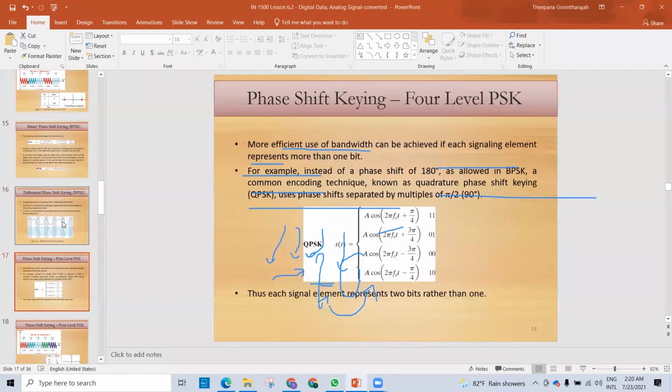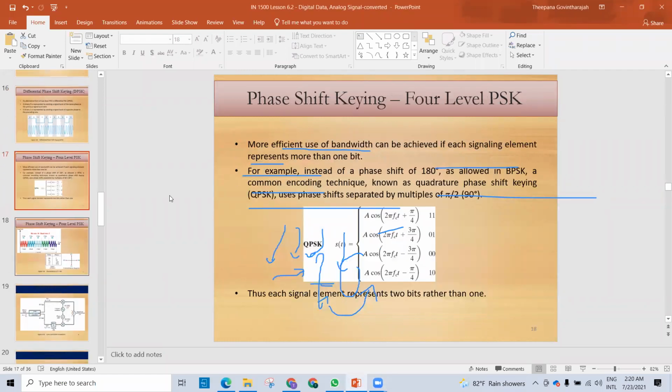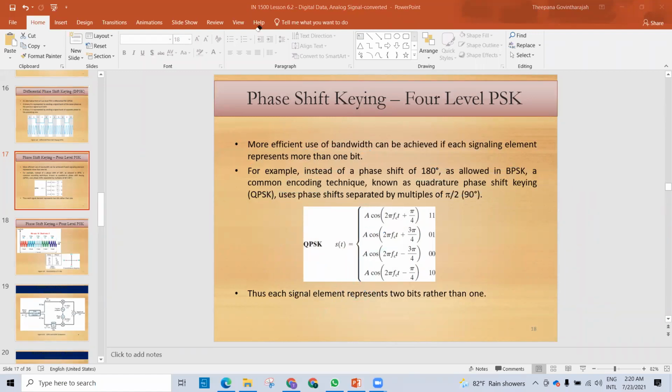And when you see about 4-level PSK, here one signal is represented by 2 bits. So in BPSK, we used the phase shift of 180 degrees because we need only 2 kinds of phases.